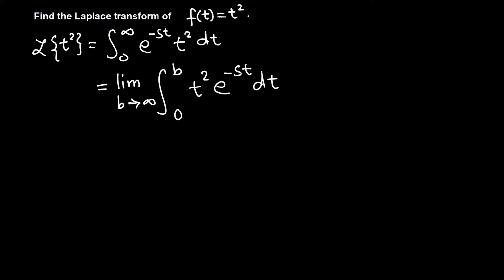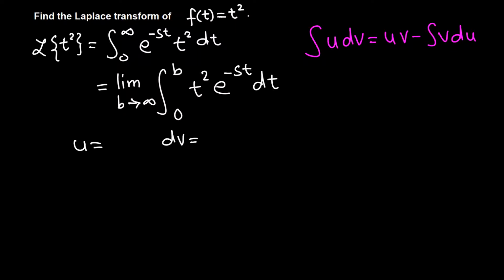Now we want to use integration by parts. The integral of u dv equals uv minus the integral of v du. We need to figure out u and dv. So u is t squared and dv is the remaining e to the negative st dt.